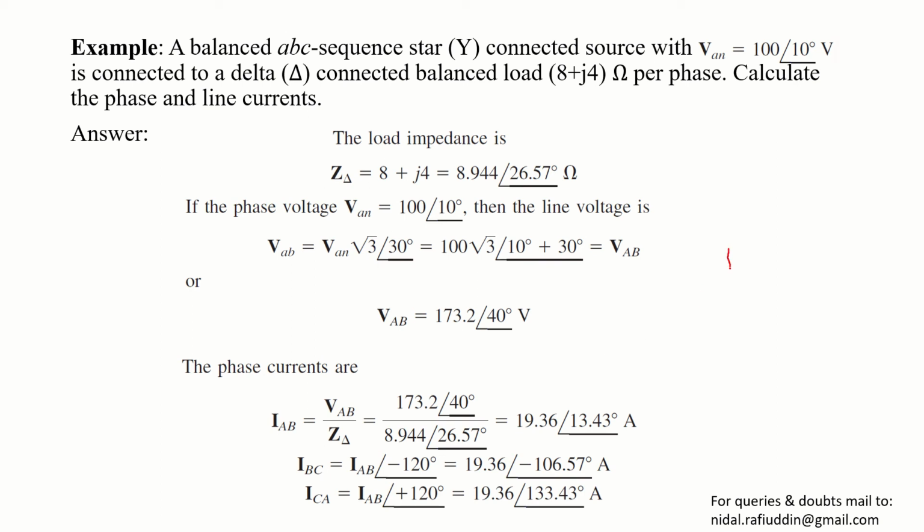They say that you have a star connected source, which is connected to a delta load. The delta load values are given as 8 plus j4 ohms per phase, and the source values are also known. You are required to calculate the phase and line currents.